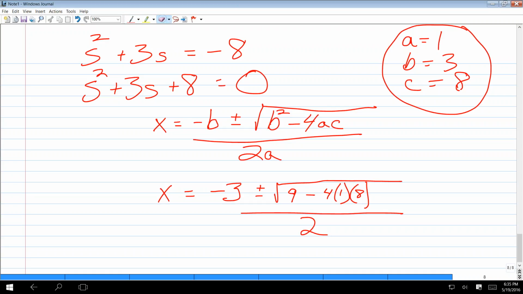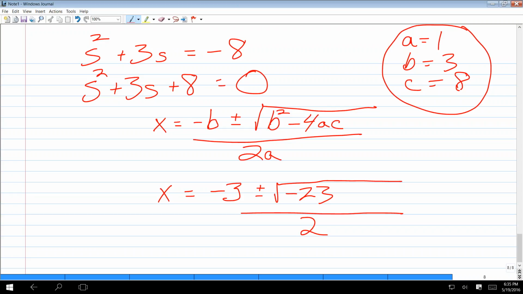When you take the square root of a negative number, you get imaginary solutions only. There's an answer choice that says the solution is not a real number. Oh, that's it.